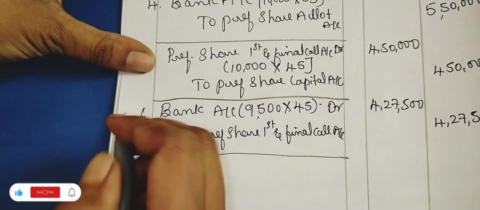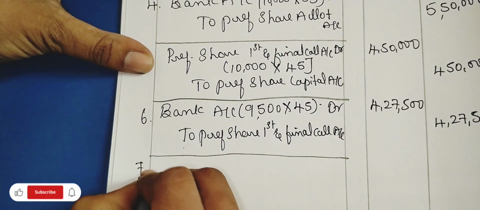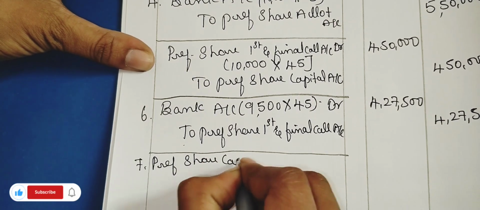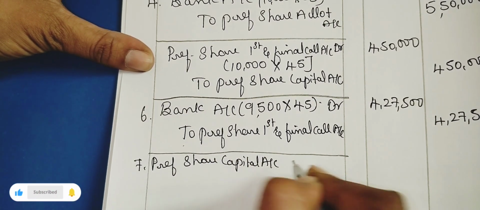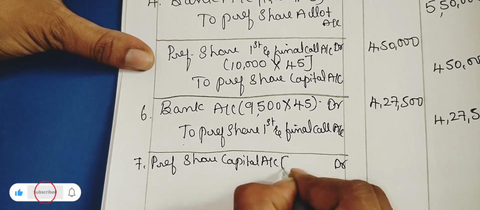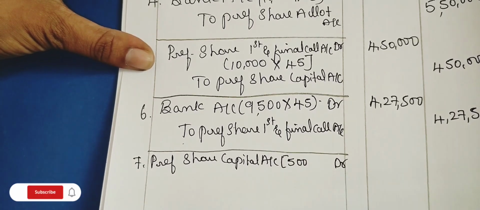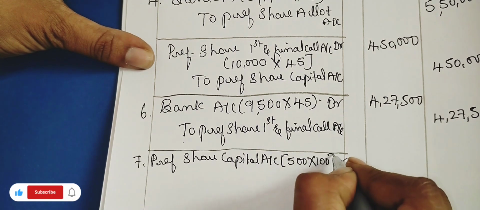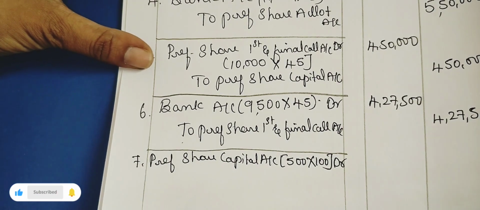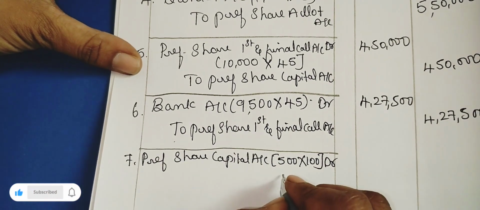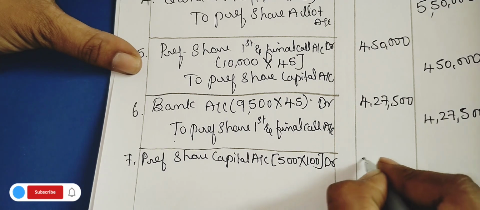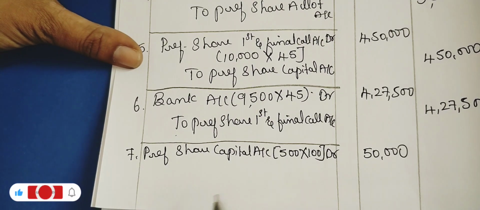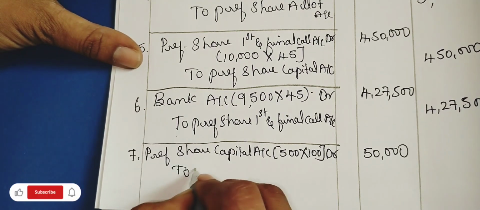Now preference share capital account debtor, here we have not received for 500 shares into 100, the face value of the share. So 500 into 100 is 50,000, right?